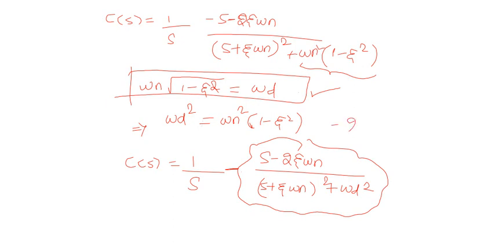For the simplification purpose, I am rewriting this minus 2 zeta omega n as minus zeta omega n and minus zeta omega n. If you add these two terms, then you are getting this one only.